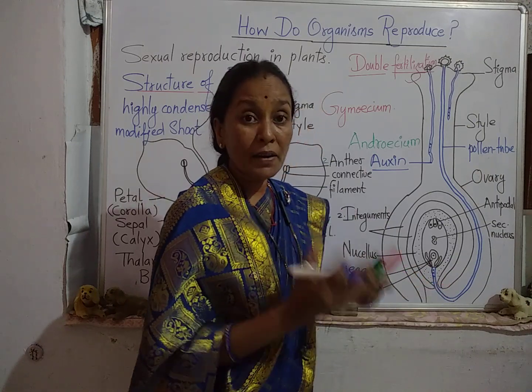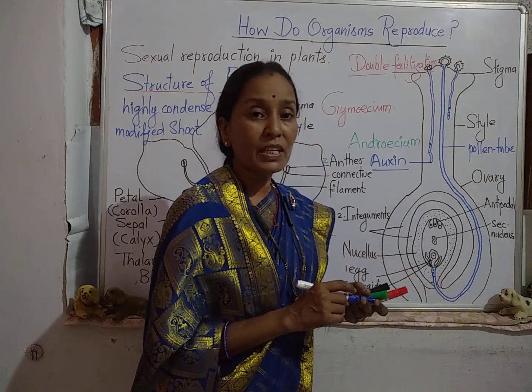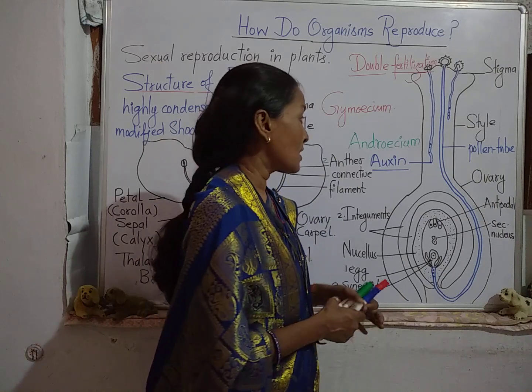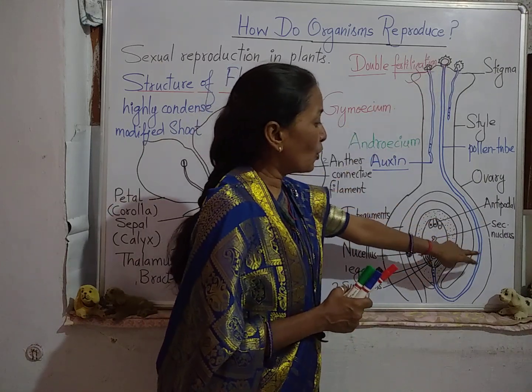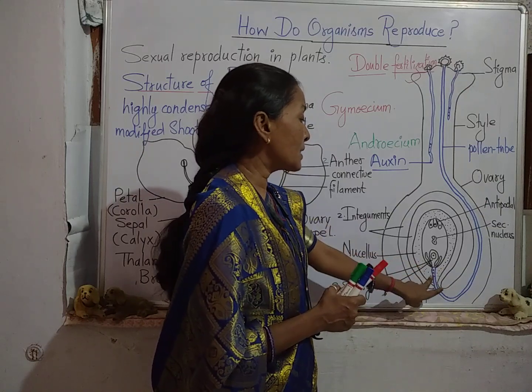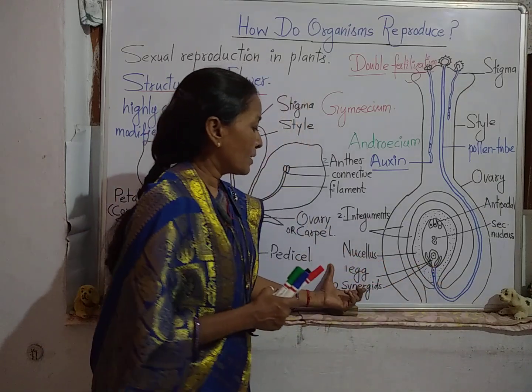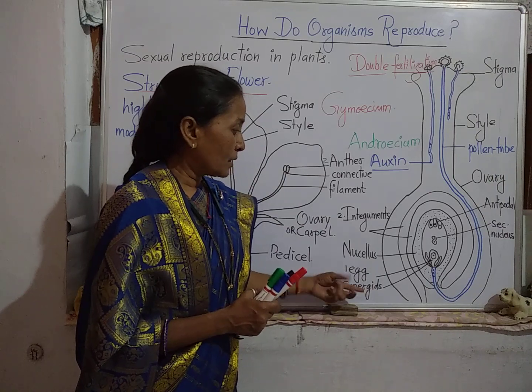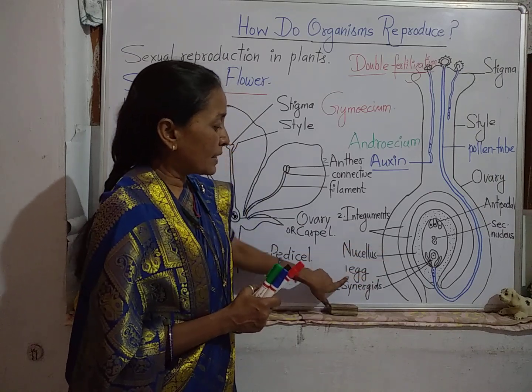In this way the pollen tube proceeds towards the embryo sac and touches the nucellus.